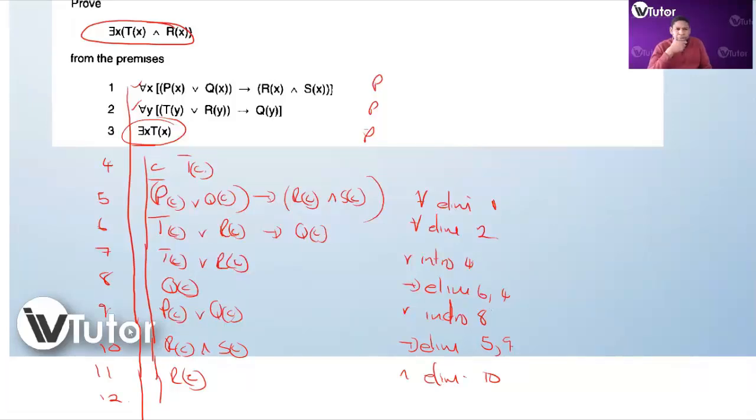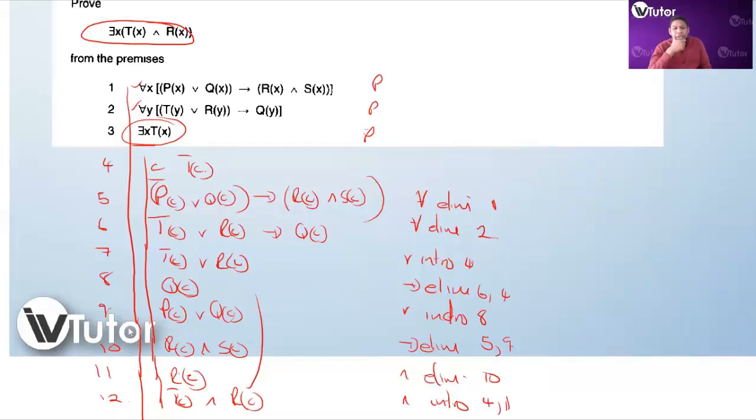Number 12, we have RC and TC, so we're going to have TC and RC. Right, so this will be conjunction introduction on number 4 and number 11.